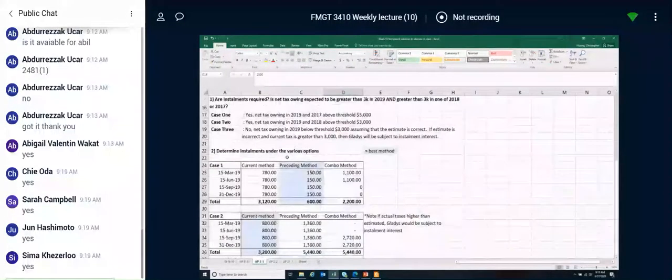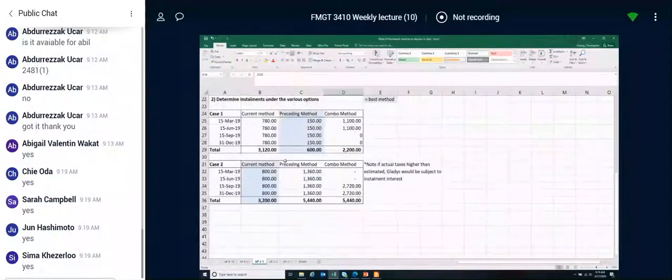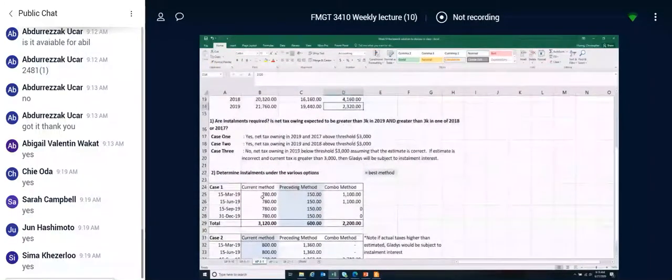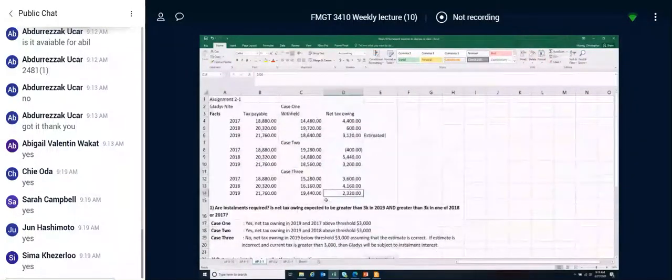Okay, so now we go look at the various methods. Again, CRA says our notice is always going to be based on the combo method, right? The combination method.